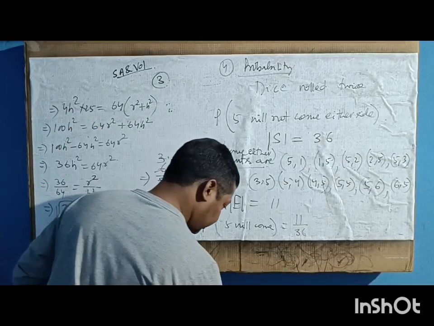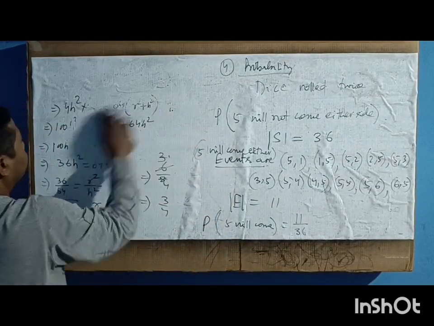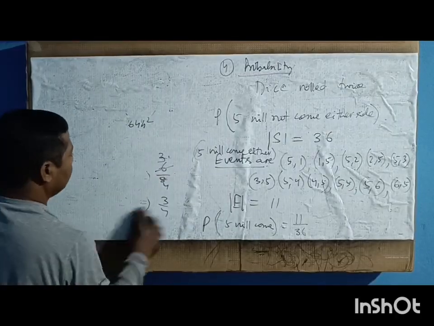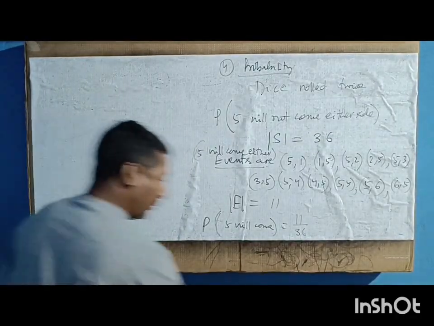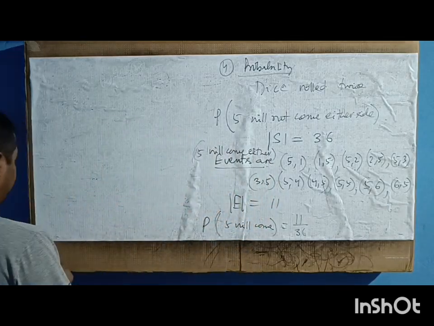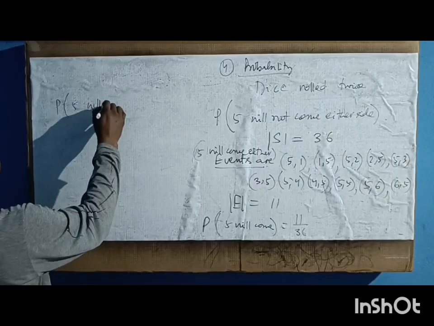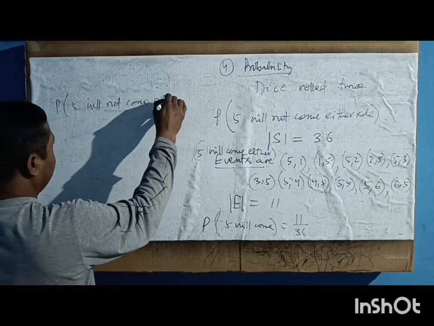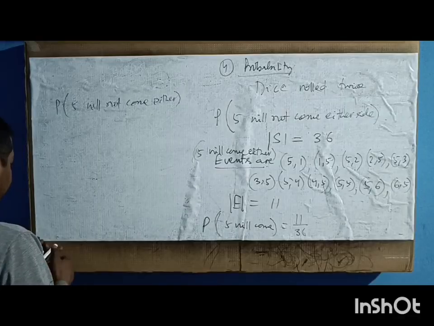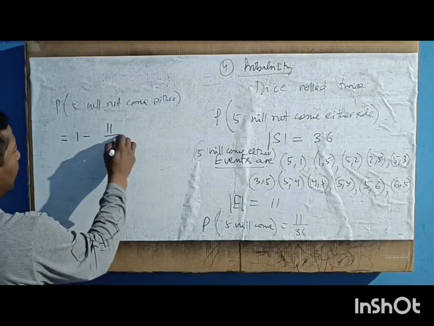So 5 will not come is how much? The probability that 5 will not come on either roll will be 1 minus 11 by 36.